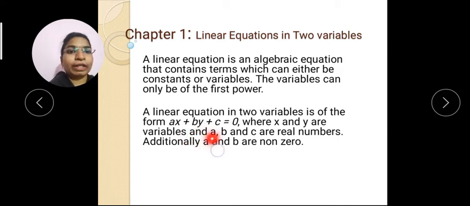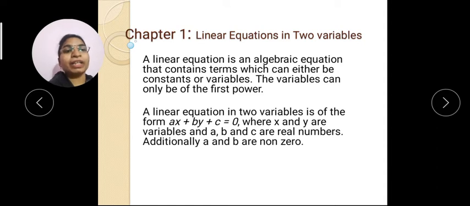Now all of you know very well what a real number is. Real numbers are the rational numbers and irrational numbers also. Rational numbers are numbers of integer and fraction type, and irrational numbers are the root values, for example root 2, root 5.